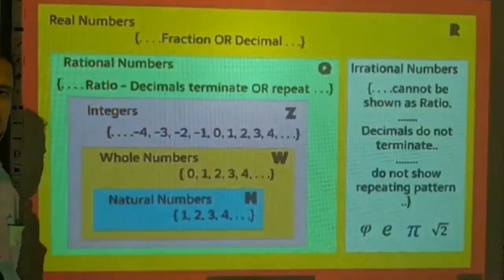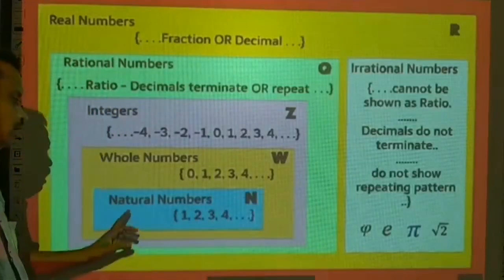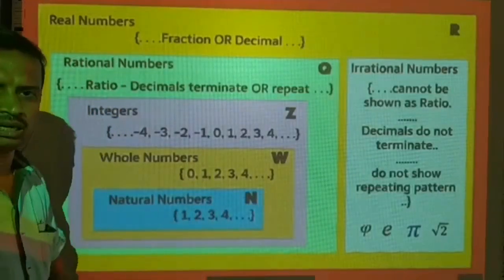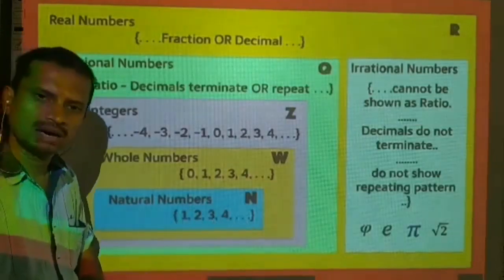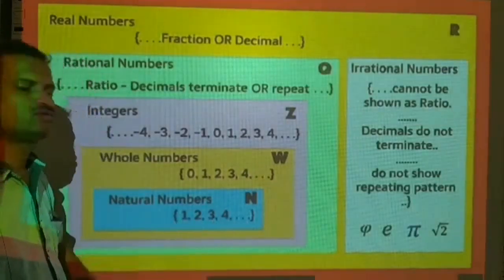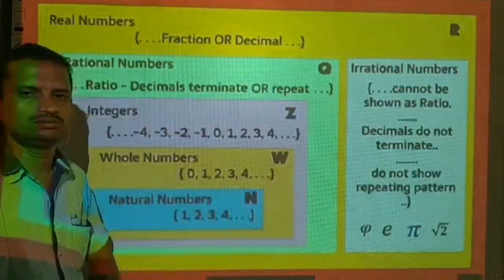Now, just recall what is a natural number. Natural numbers are nothing but counting numbers, denoted by the capital letter N, starting from 1, 2, 3, and it goes on.